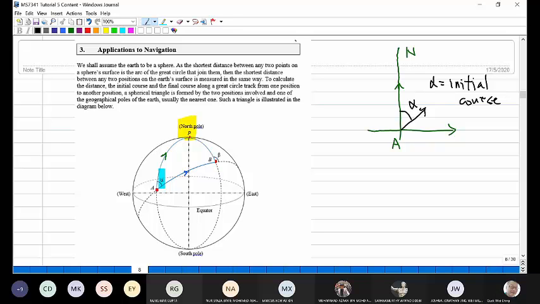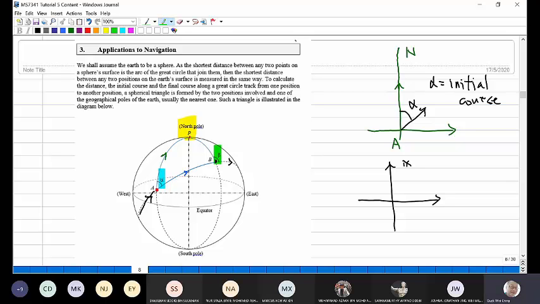Then, the initial course, you can see the direction, it moves this way. And then what is the final course? At the North Pole, there's the final course. The direction of movement at B towards the North Pole is called beta.